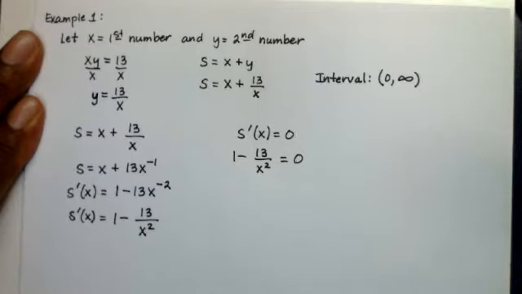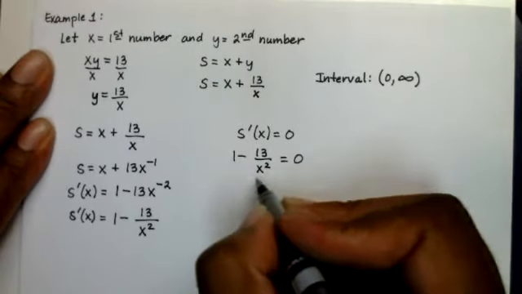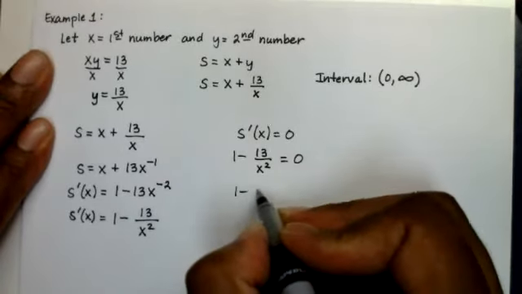And then next what I'm going to do here is multiply both sides of this equation by that X squared since it's in the denominator.